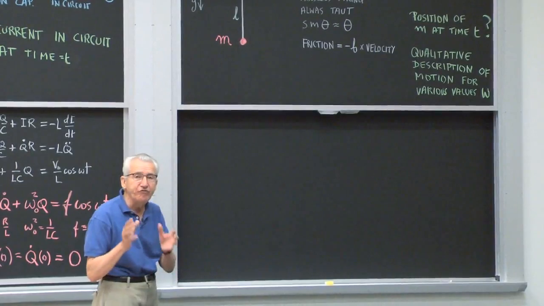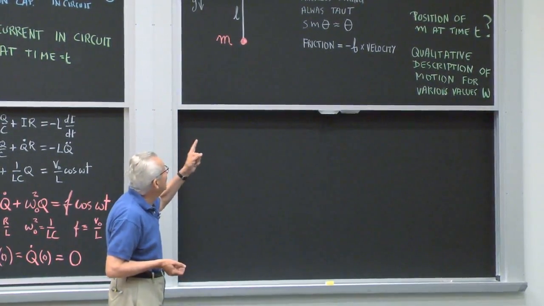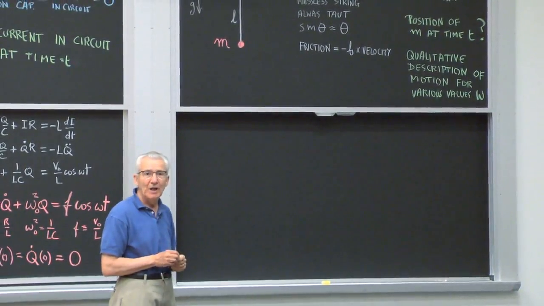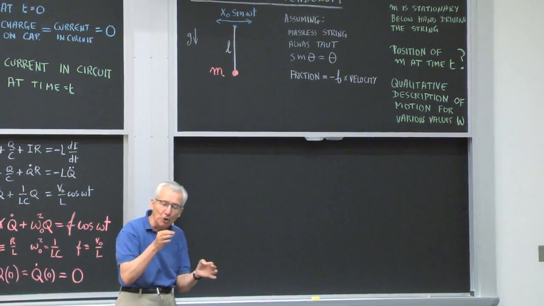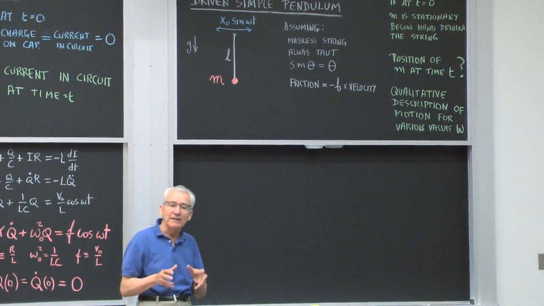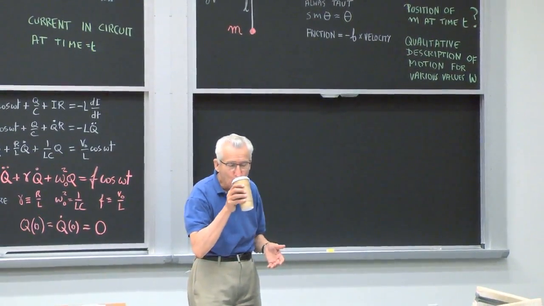I am making the following assumptions, that's why it's idealized. I'm assuming it's a massless string. I'm assuming it's always taut. I'm going to assume that it's all making small oscillations, so that in any calculation I can take the sine of an angle to be equal to the angle.